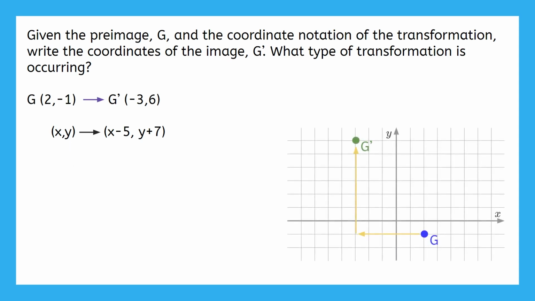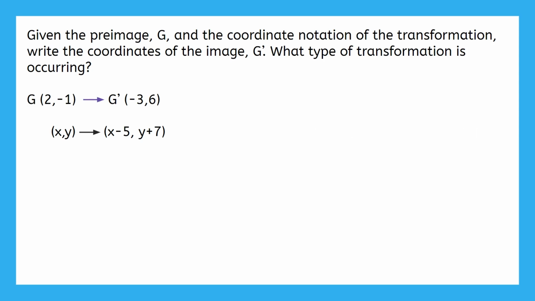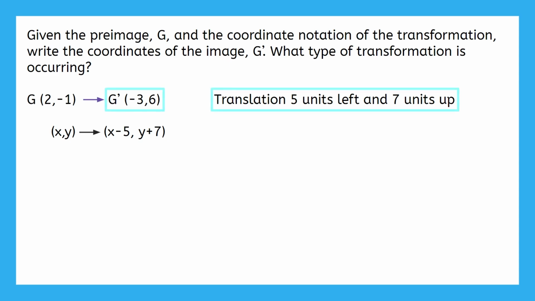We can even make a sketch if we want to see how this looks. Then we can describe in words what happened here. We can say that this transformation was a translation 5 units to the left and 7 units up. And now we have both parts of our answer.